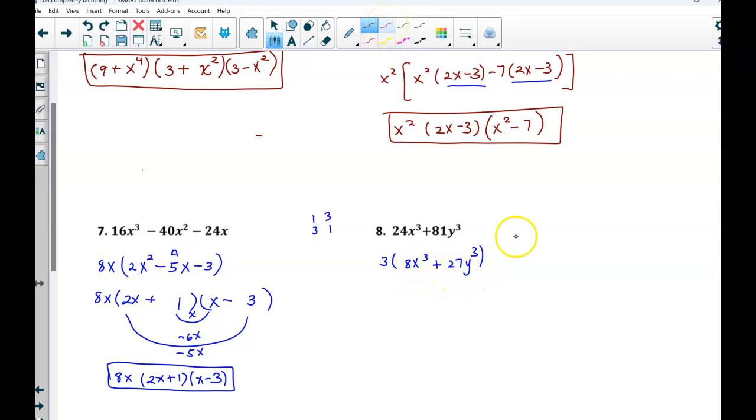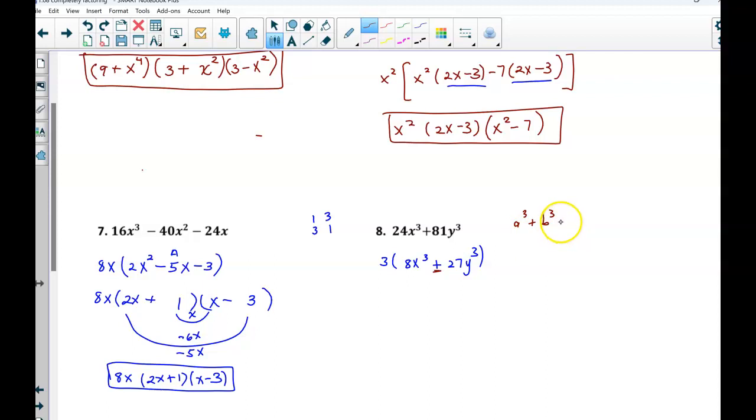But can you factor 8x cubed plus 27y cubed further? And you can. This is the sum of 2 cubes. 8 is a perfect cube, x cubed is a perfect cube, 27 is a perfect cube, and y cubed is a perfect cube. And you have a plus in between. So this you definitely have to memorize the formula for, not only for this upcoming test, but for the Regents.